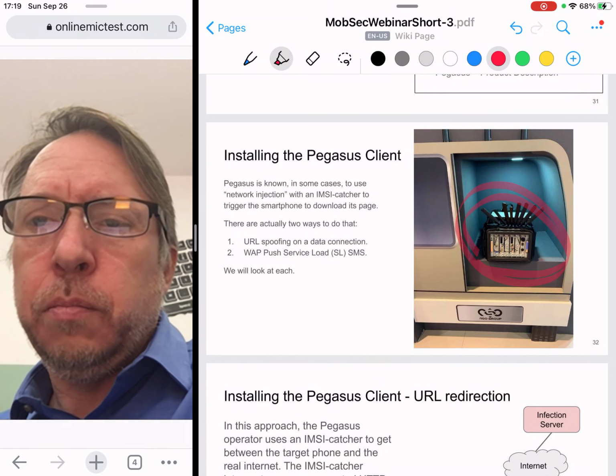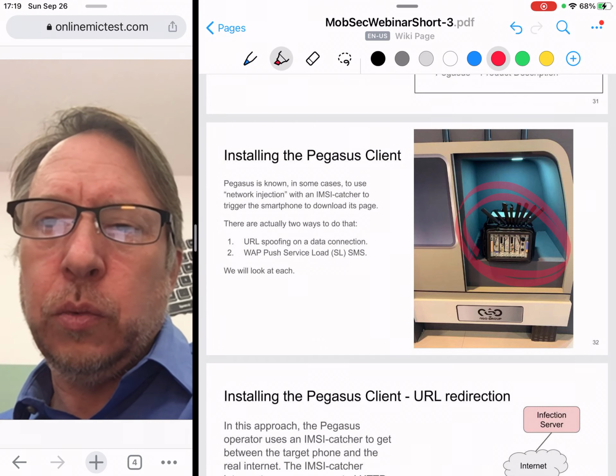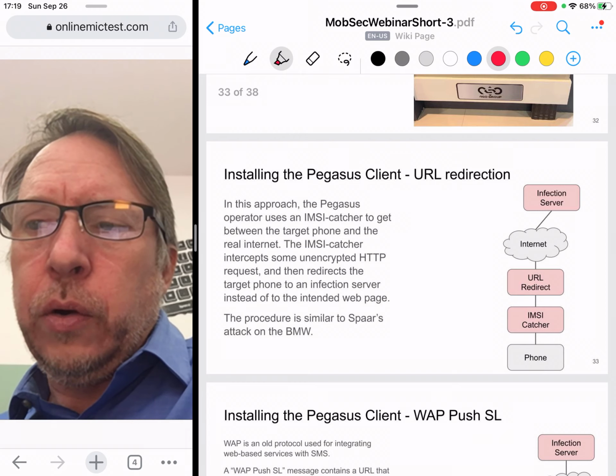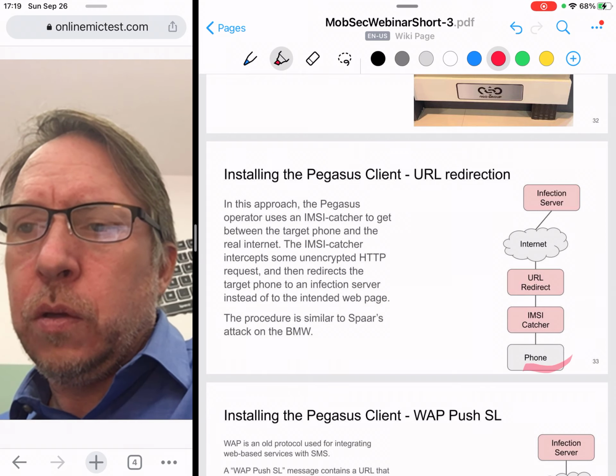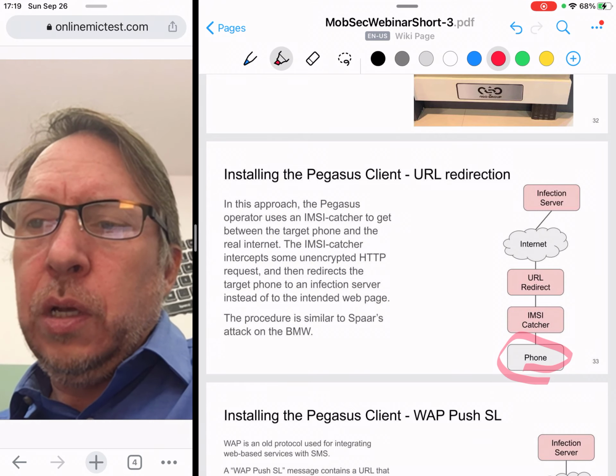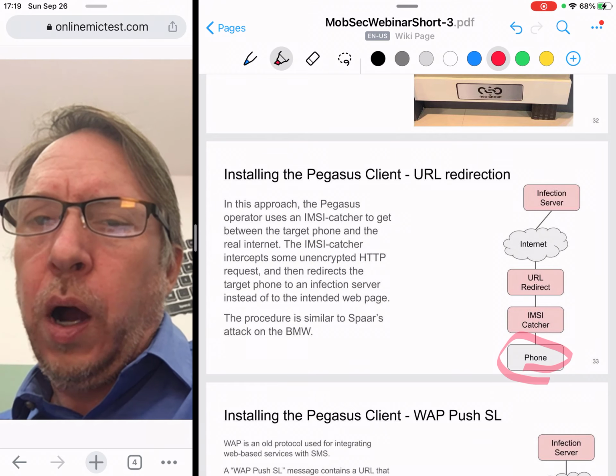First, URL redirection. Again, here's the target phone, the Mzcatcher. What happens is the Mzcatcher watches the traffic from the phone until it sees an unencrypted HTTP request.